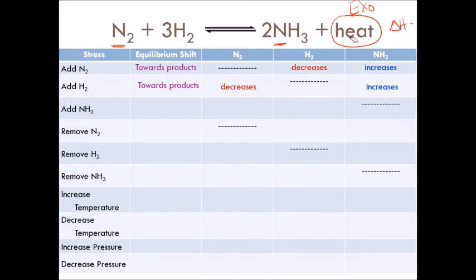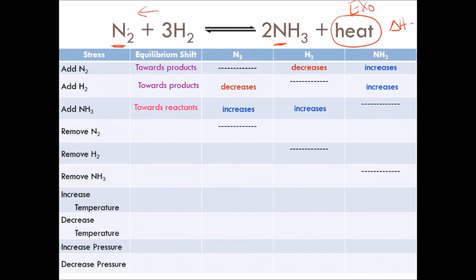Now, if we're adding in over here, that means it's going to shift to the left. That means the nitrogen should increase. Both of these over here on the reaction side will increase. Okay, now removing. Now we're going to remove nitrogen over here, take it away.